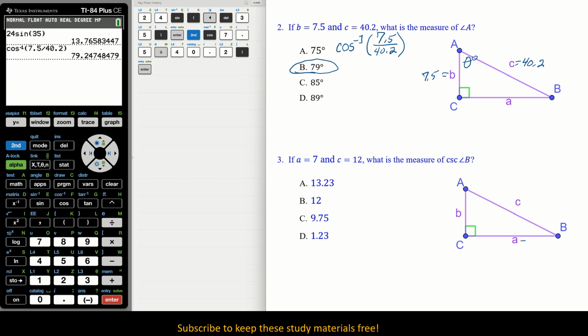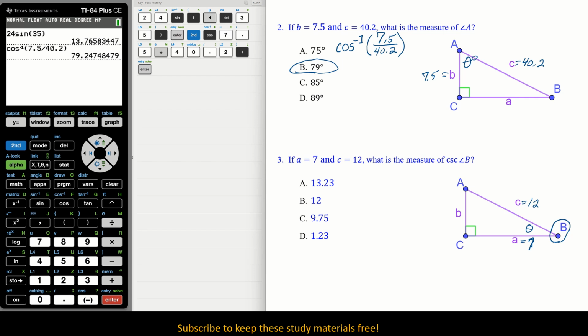All right, now number 3. If A equals 7 and C equals 12, what is the measure of cosecant of B? Now they're asking for the whole measure, not the angle measure, but the measure of the cosecant of angle B. So they're wanting not the angle, but the actual overall value.